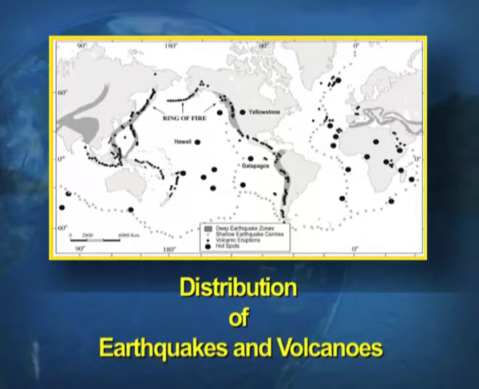If we have a look at the distribution of the earthquakes and volcanoes on the world map, you can see that we have a striking similarity with respect to the line of central parts of the Atlantic Ocean, almost parallel to the coastlines. A line of dots, you can see it over here.